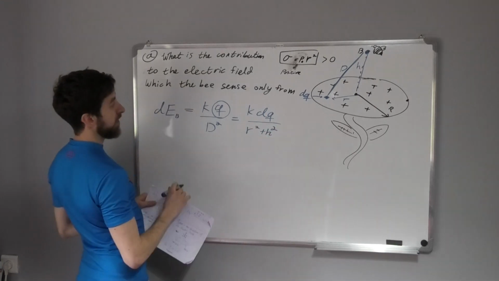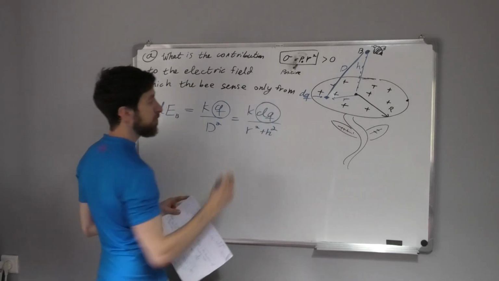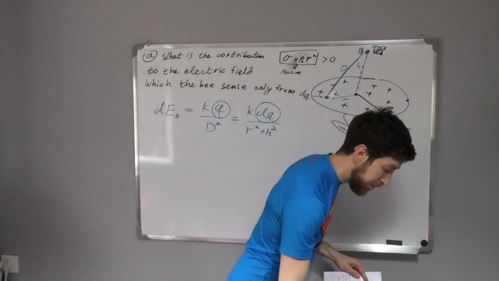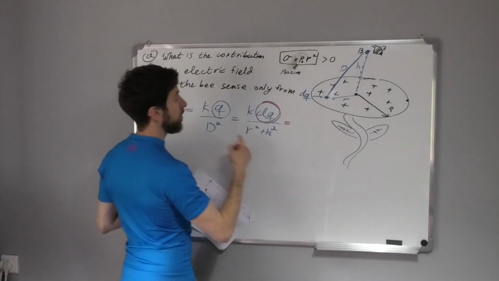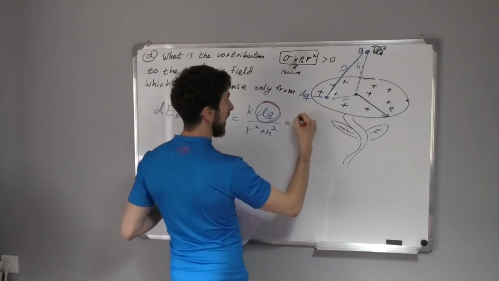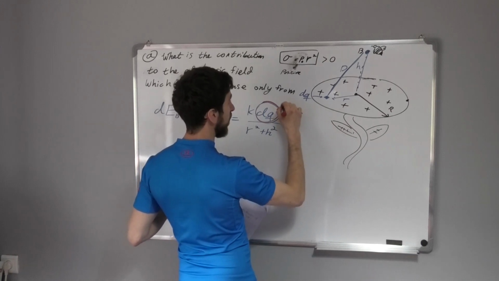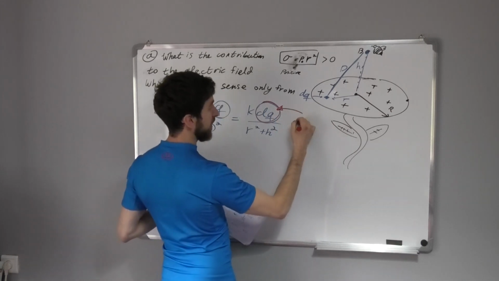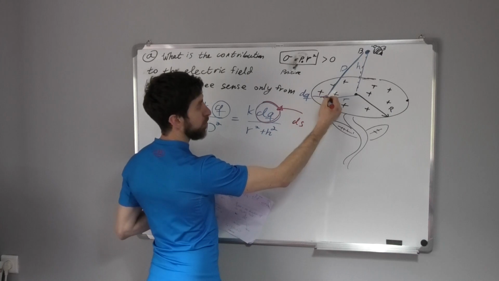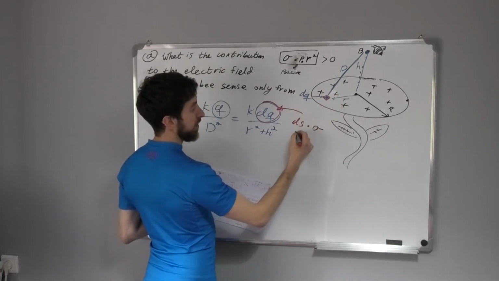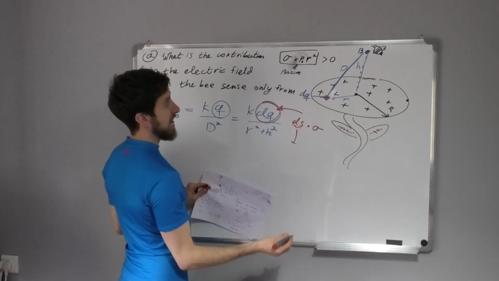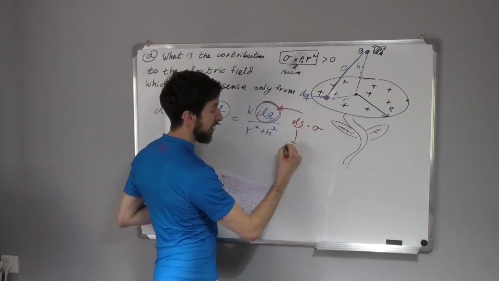This is it. I can also go farther and find dq. What is dq equal to? We know that dq is equal to dS, right? Let's do only this. dS is the area, this small area, this surface, multiplied by the charge density. So dS is equal to dr, right?